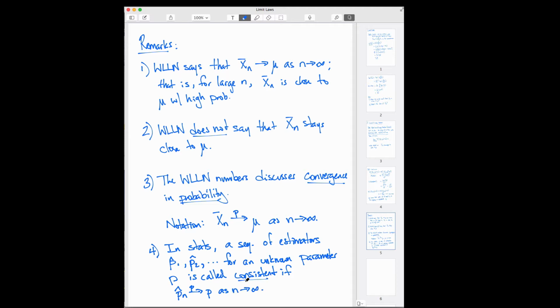And consistency is a very good property that we're concerned with in statistics. So these are the four remarks that I really want to make regarding the weak law of large numbers.